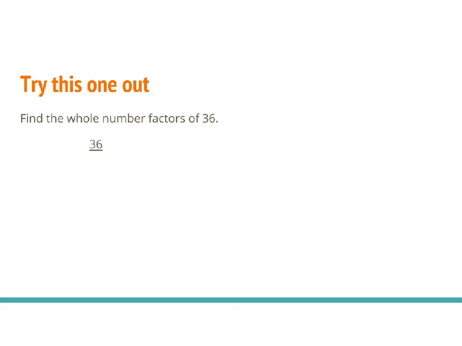So now then, let's put all this together. We're going to just find the whole number factors of 36. Well, I know that 1 times 36 is 36. Always going to be. Is 36 even? Well, it sure enough is. So I know that 2 is going to be a factor.